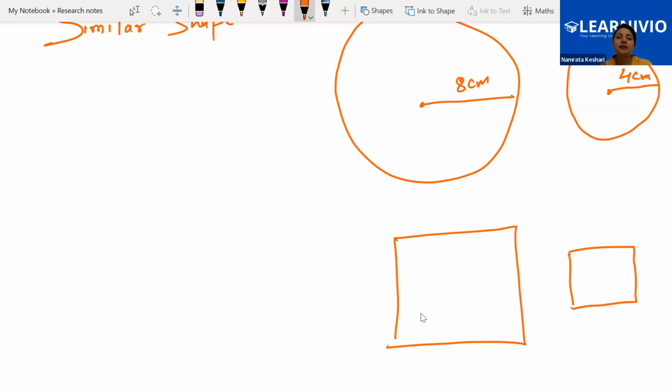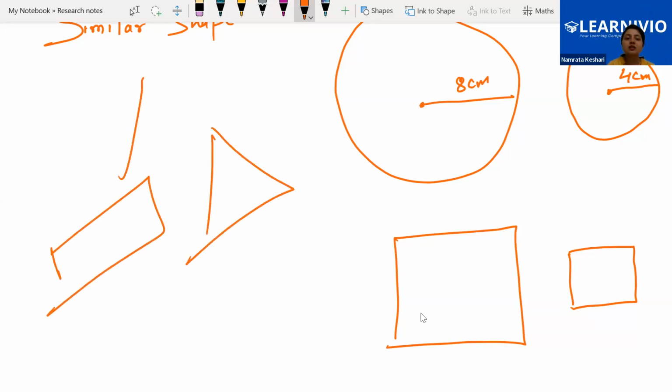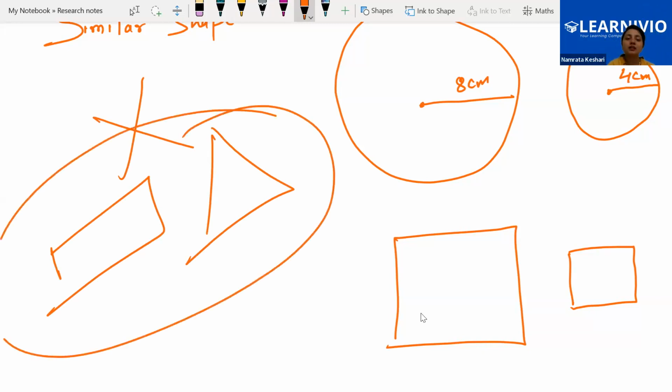I am saying that the shapes have to be the same. You can only compare a circle with another circle, and then say whether both are similar or not. You can only compare a square with a square. You cannot compare a rectangle with a triangle. This is completely incorrect, and we are not going to discuss it here.